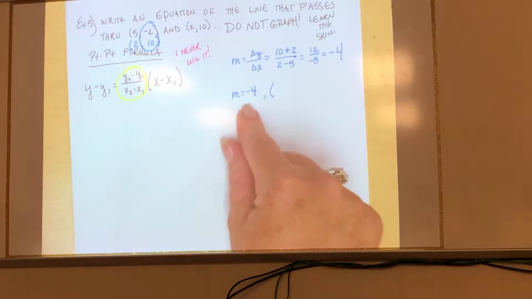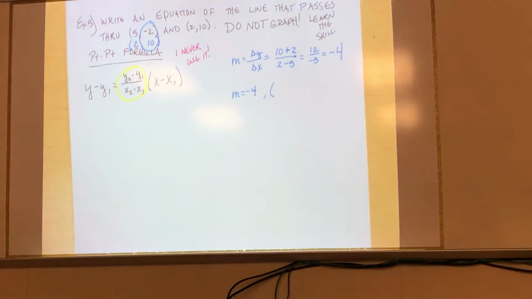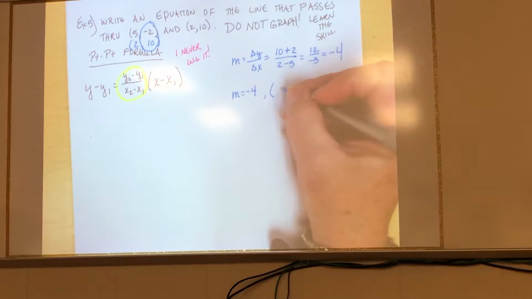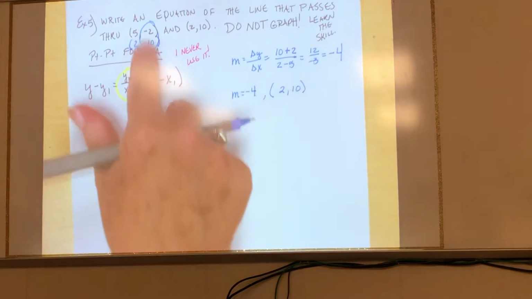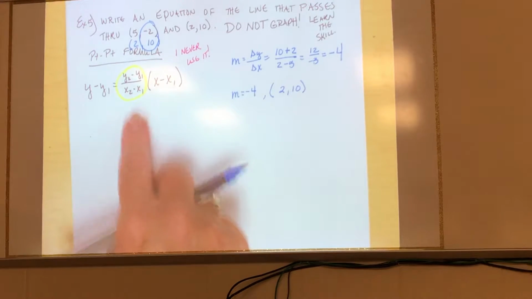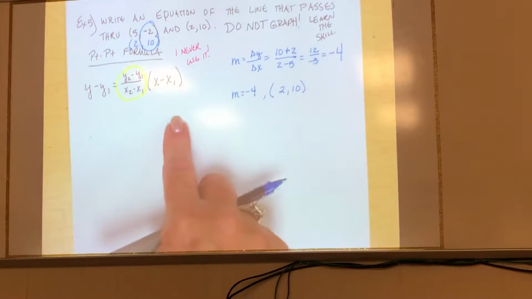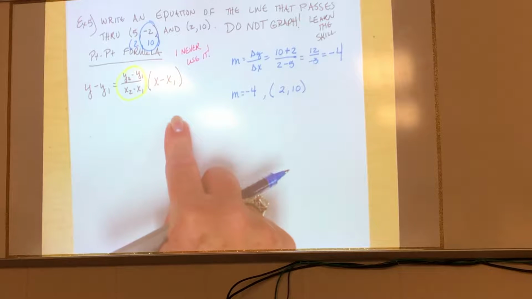Now I'm going to use the slope and which one of those points? (2, 10). Why are you choosing (2, 10)? Because they're both positive. Yes. You can choose either point, and I'll go back and work it with that other point and show you. I don't like doing stuff like that, because then some kids will look at that and think that you have to do it with both points.